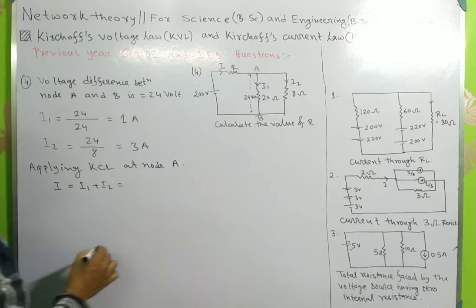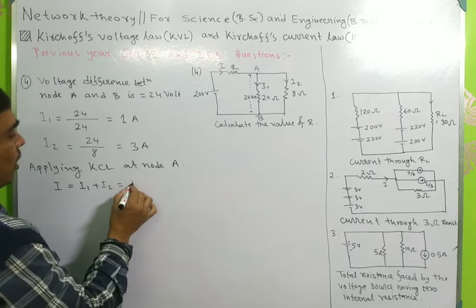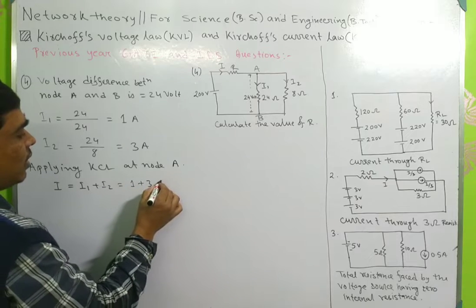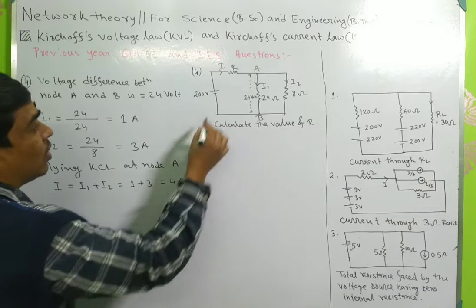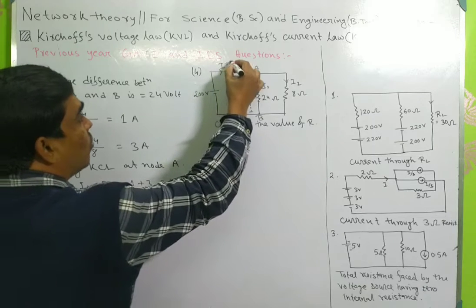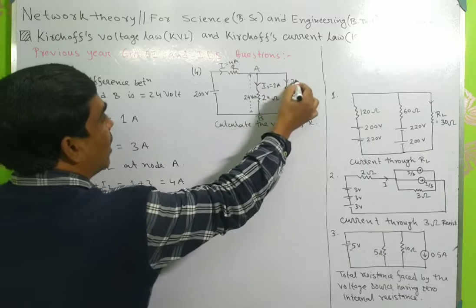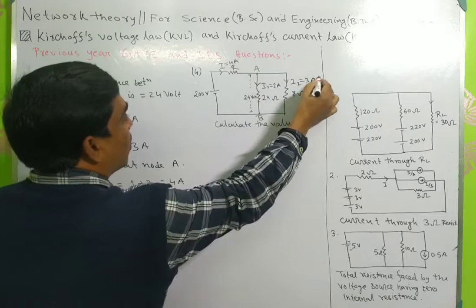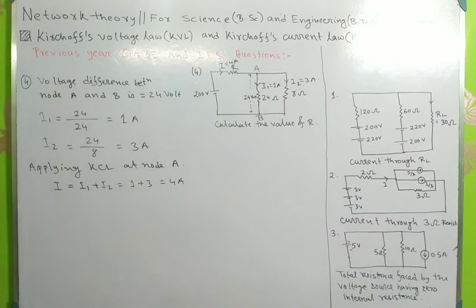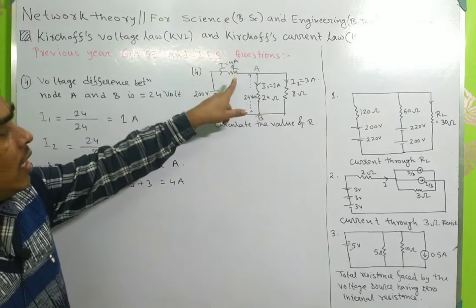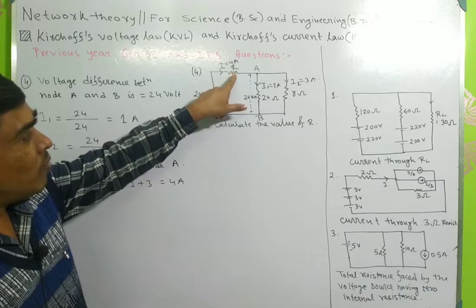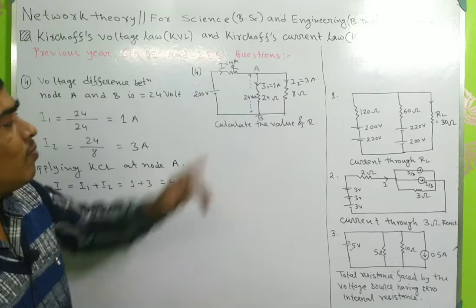So I1 plus I2 will be 1 plus 3, that means 4 ampere. So I equals 4 ampere, and this is 1 ampere and this is 3 ampere. Okay, you have to calculate the value of resistance R.